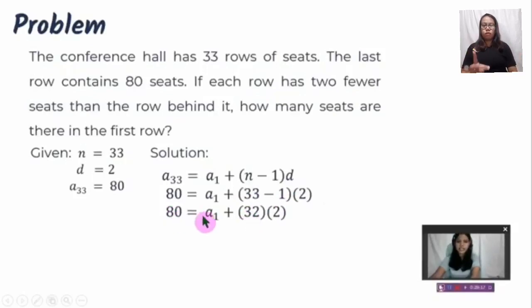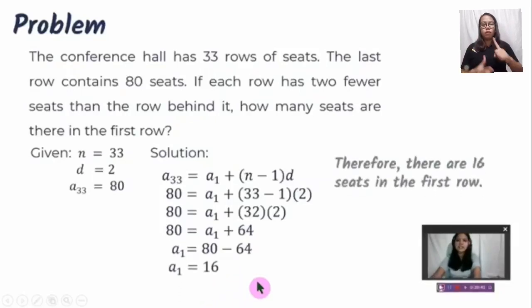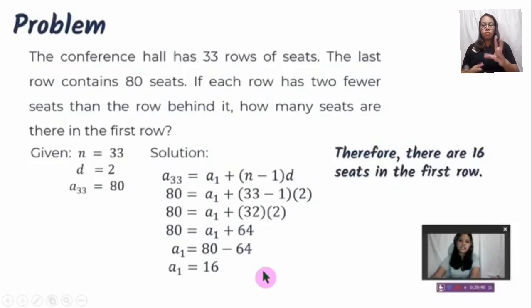Now we have 80 is equal to a sub 1 plus 32 times 2. Let's get the product first. 32 times 2 is 64. Now transpose 64 to the other side. a sub 1 would be 80 minus 64. Simplify: 80 minus 64 is 16. This means that there are 16 seats in the first row.